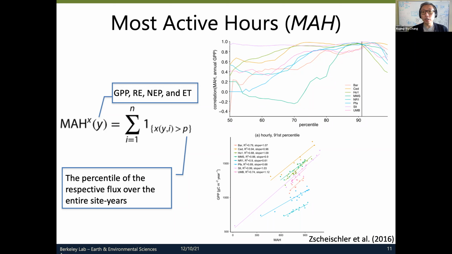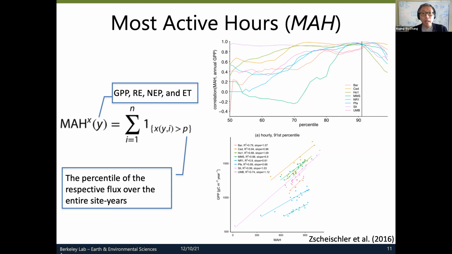The strong correlation between MAH and interannual variability in GPP and ET suggests that seasonal and annual water and carbon fluxes largely depend on hourly measurements that cover less than 20% of the measurement period during short-term favorable weather conditions.